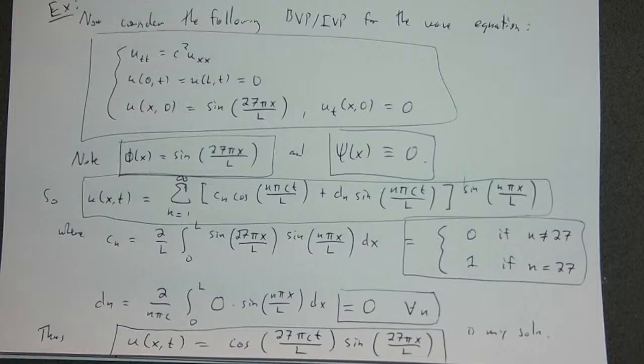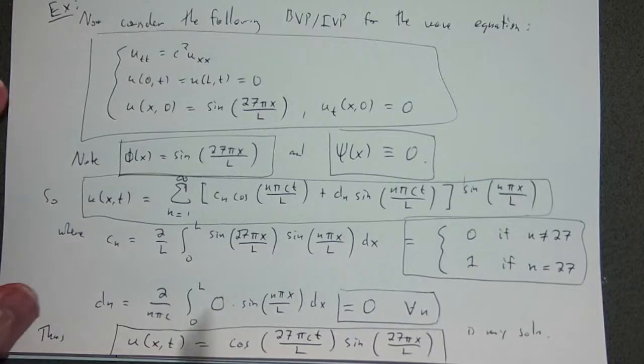But way back when we first talked about these finite string problems, I gave this as an example of a solution to a BVP just like this for the wave equation. And now we've shown via separation of variables that this is in fact the solution. It is the solution we're looking for that solves this problem.